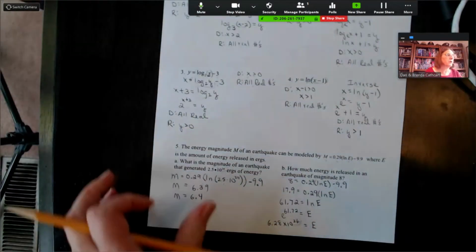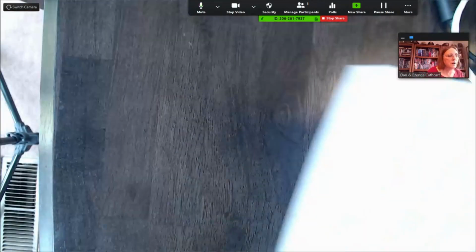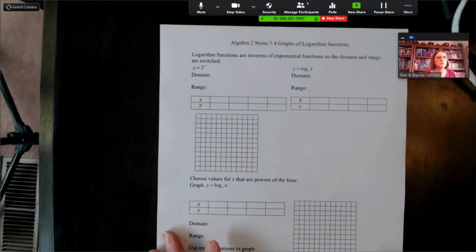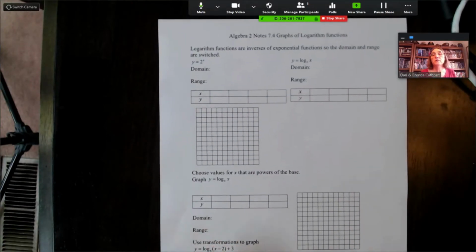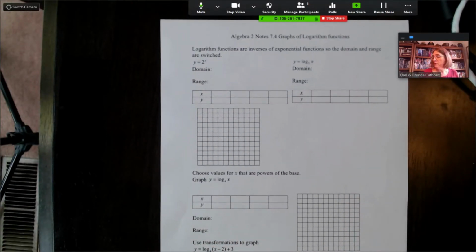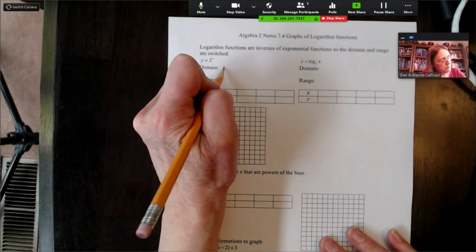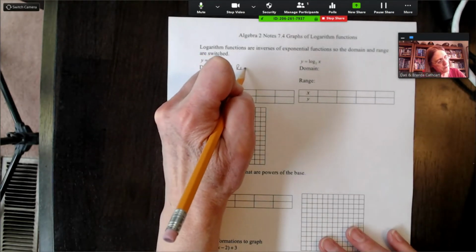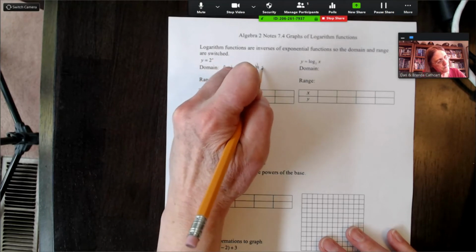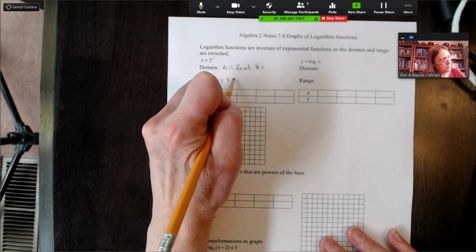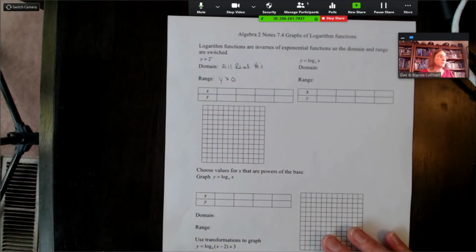Okay, our second part is to do graphs of log functions. We're going to start by looking at the graph of an exponential, and remember that's the inverse of a log function, so let's just quickly do that. On an exponential function, remember our domain is all real numbers, and the range is y greater than 0 for our parent function.